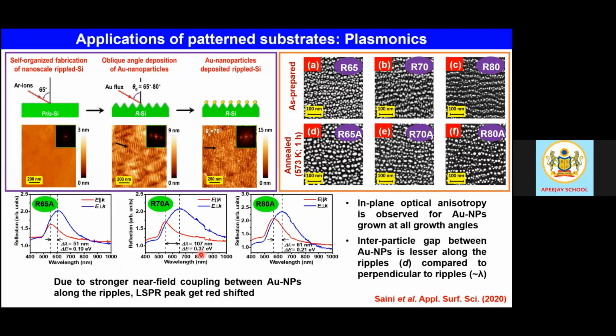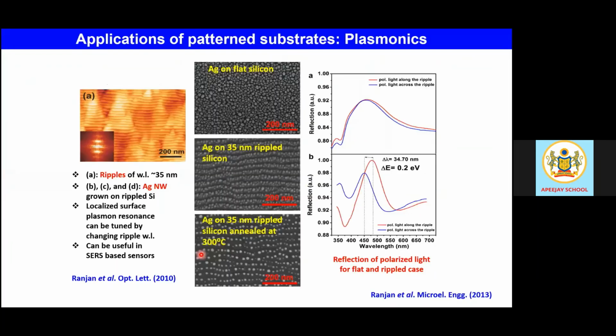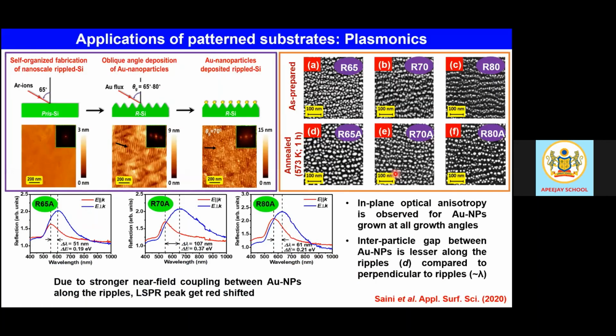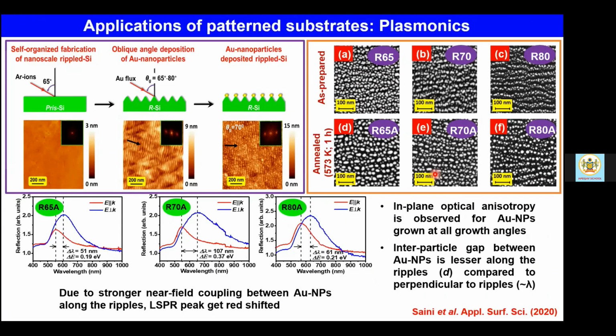A plasmonic shift of 107 nanometer was very clearly observed, while they observed only up to 35 nanometer for silver. So this plasmonic shift is significantly higher for gold deposited on silicon, depending on the growth angle. These are very important observations, because we have started some collaboration through Dr. Ranjan with the Tata Memorial Cancer Hospital for drug delivery in cancer patients.